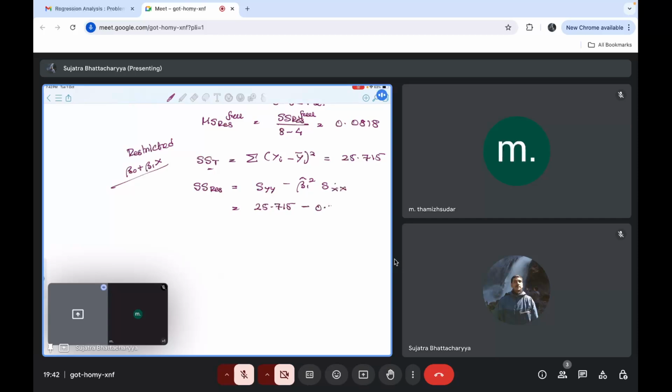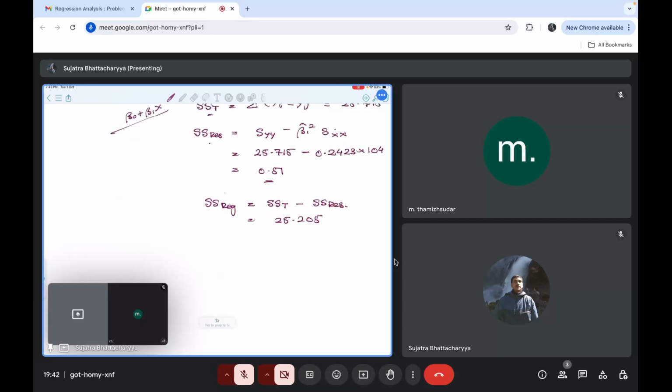Beta 1 hat square will be 0.2423 into SXX, which is 104. We have seen this. This gives you 0.51. Okay, this is SS residual. But SS regression we know is SS total minus SS residual. Correct? So this gives you the answer 25.205. This is for the restricted model.